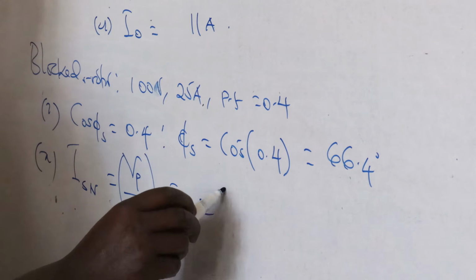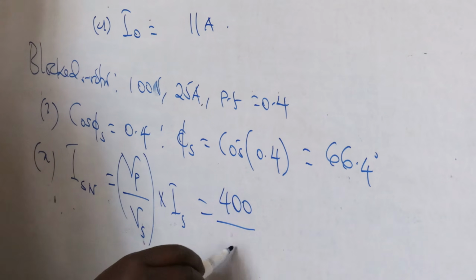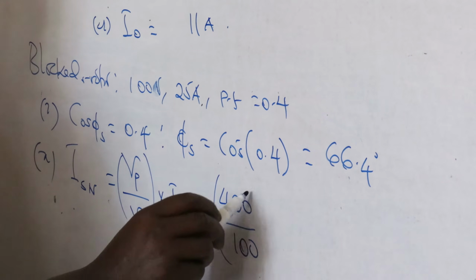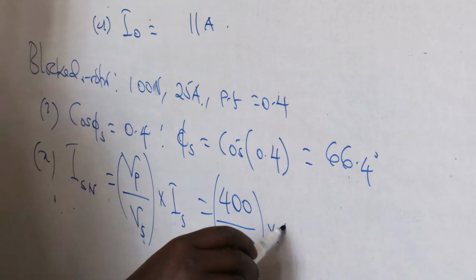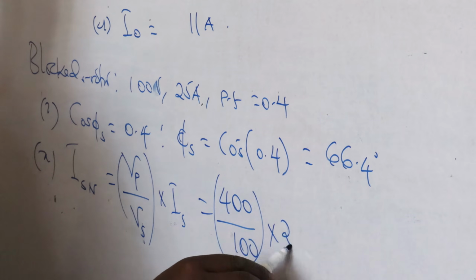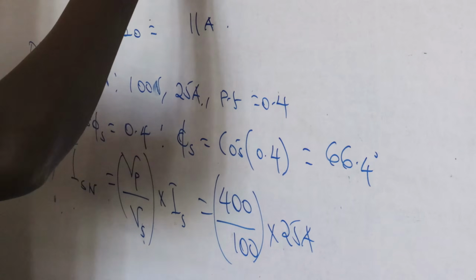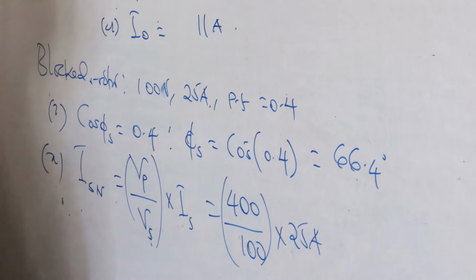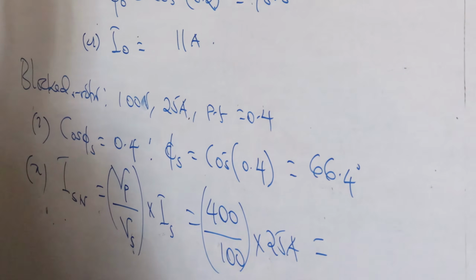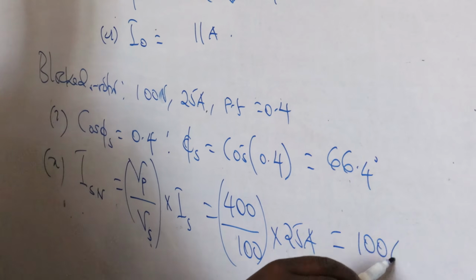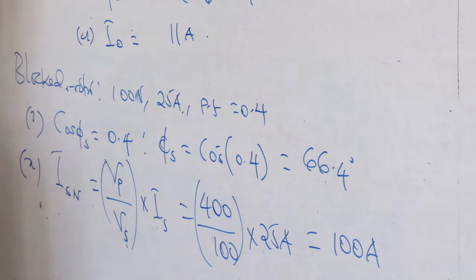So this is 400, that's the primary. The voltage of the secondary is 100. Current of the secondary is 25 amps. So we get 100 amperes.